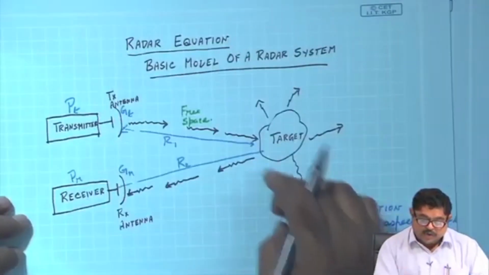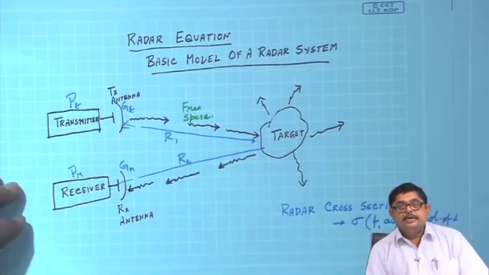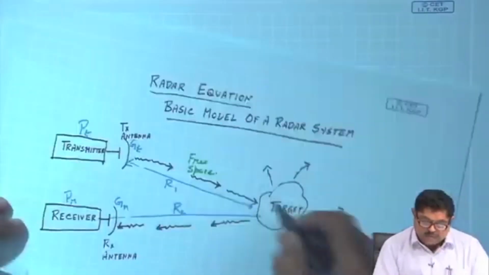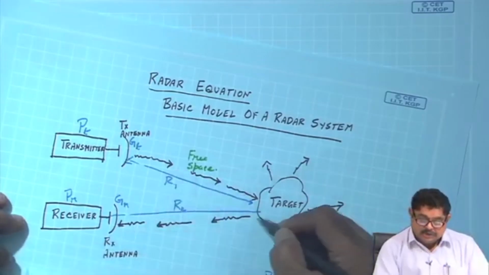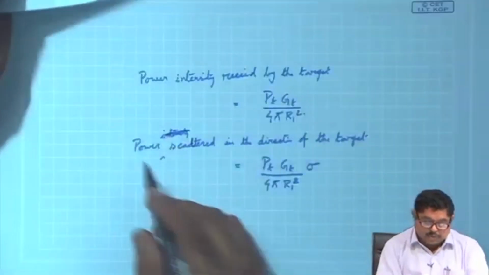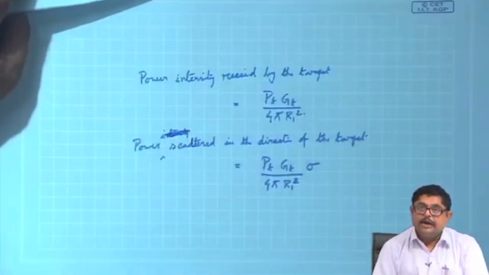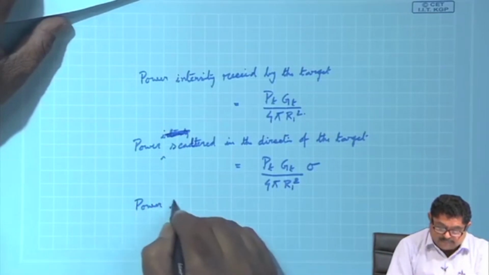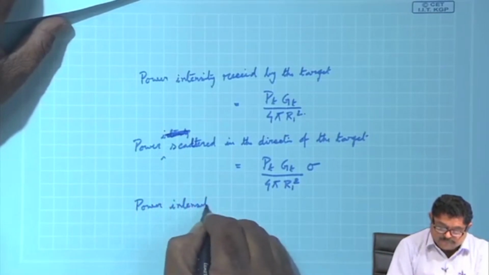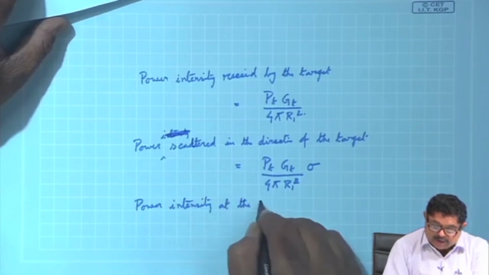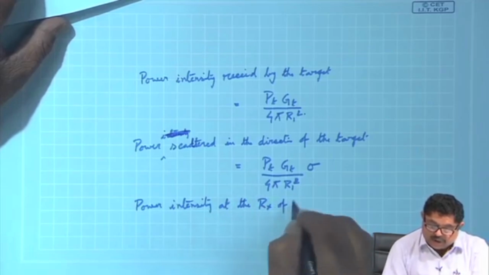So, this is the power, it is not intensity. So, at this point I am writing again that in this direction the power is scattered. So, power scattered, not power intensity here. So, what will be the power intensity at the receiver of the radar?